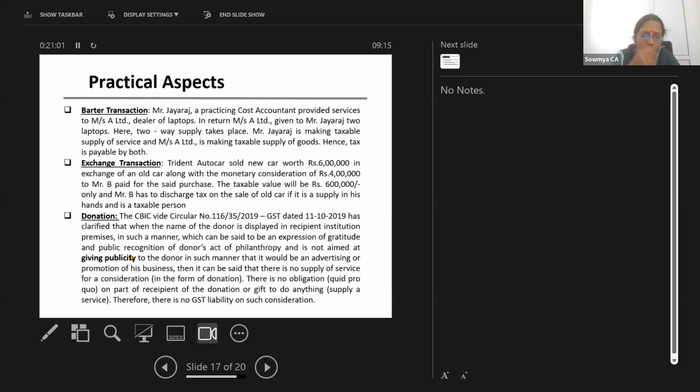Again, there was one question last week on the activities or transactions of a club or a resident welfare association, where they collect money for Ganesha festival or Navratri, and whether GST is applicable on those. If consideration is voluntary, that you may contribute whatever you want, will that be a valid consideration?